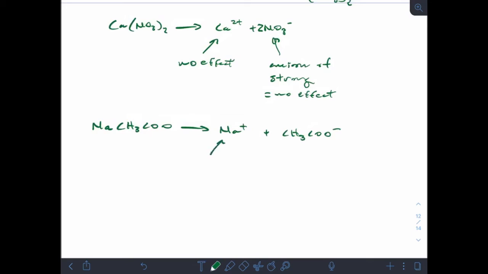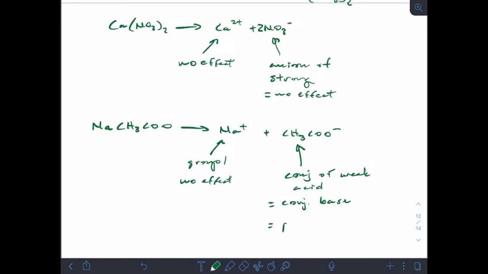Sodium is group 1, no effect. This is the conjugate of acetic acid, so it's a conjugate base. pH will be basic.